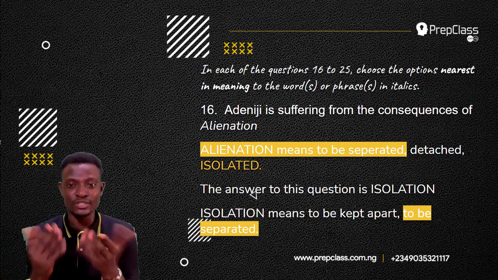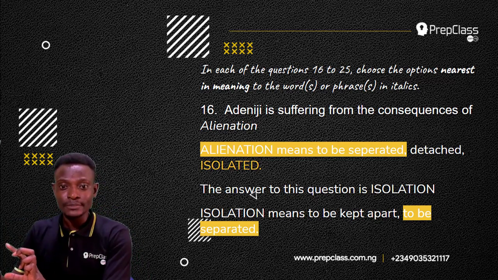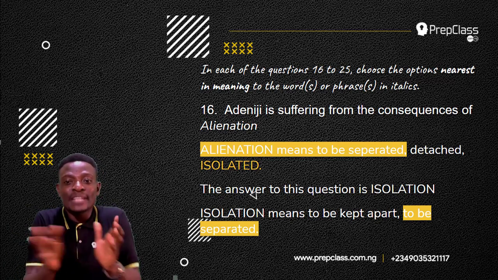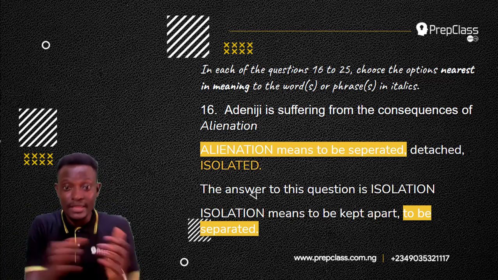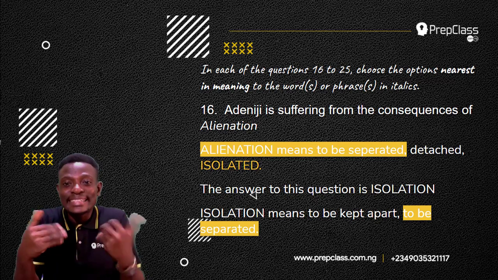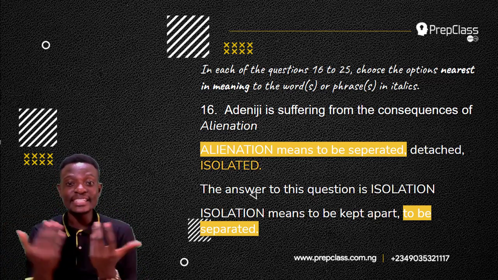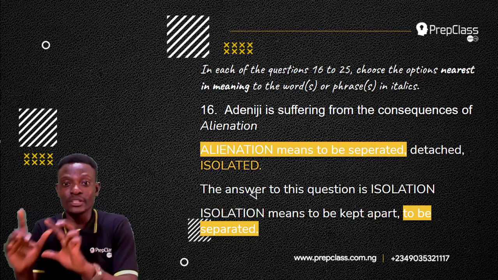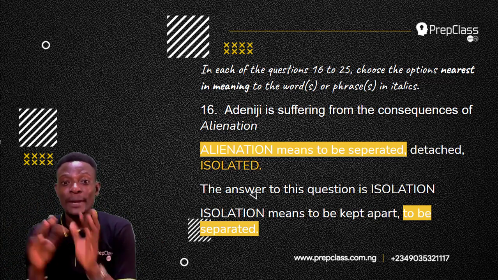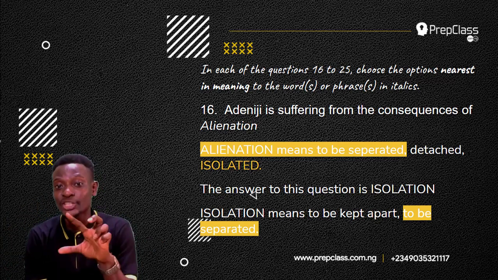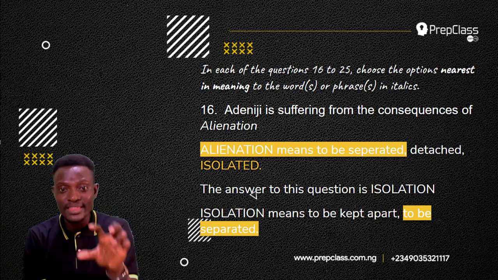So the answer to this question is isolation. Isolation means to be kept apart, to be separated from others. So, identity is suffering from the consequences of alienation. Identity is suffering from the consequences of isolation. Remember, isolated is part of the explanations for alienation, like it is written in bold there.